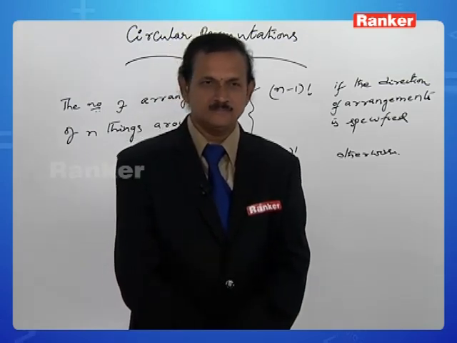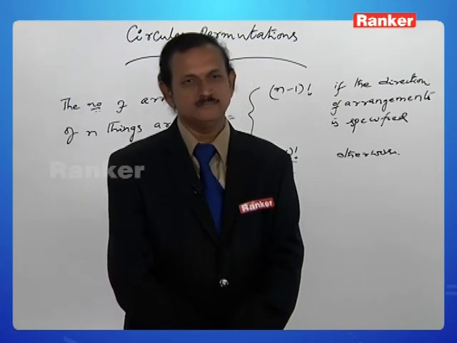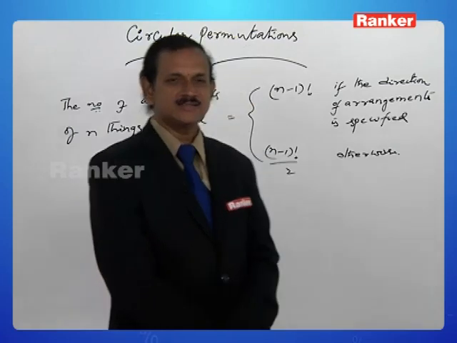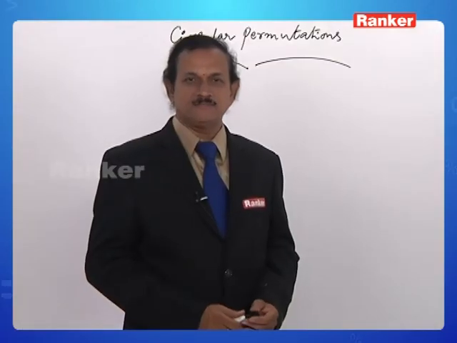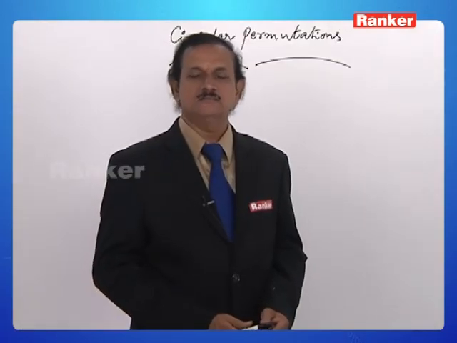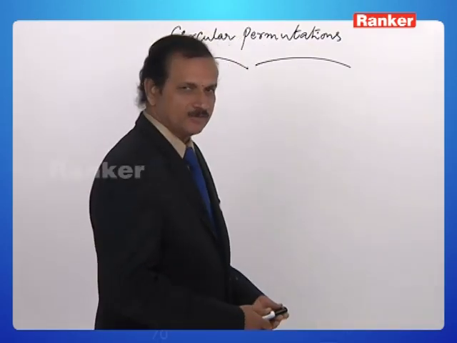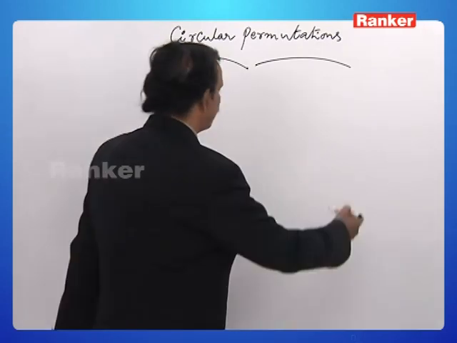Like that, we observe the things to be arranged around a circle. There are some special cases. We now observe some special cases in these circular permutations. Let us observe this new problem.